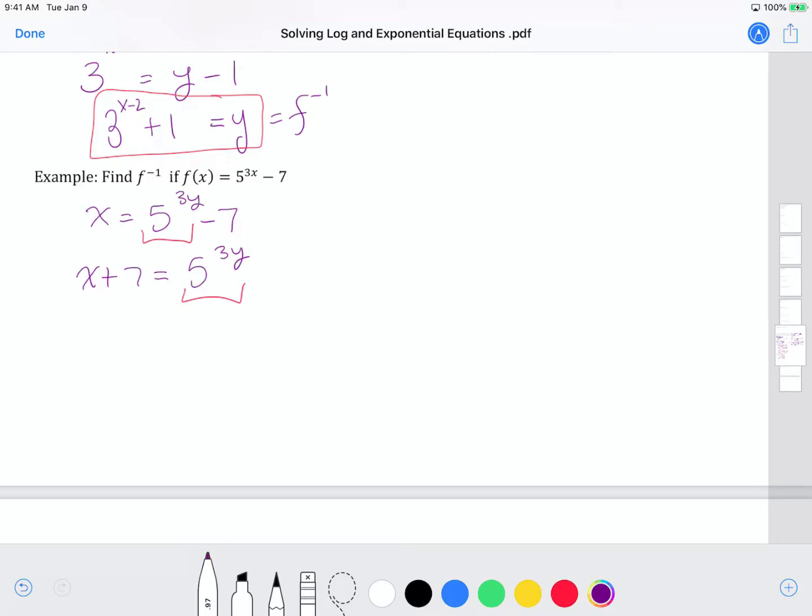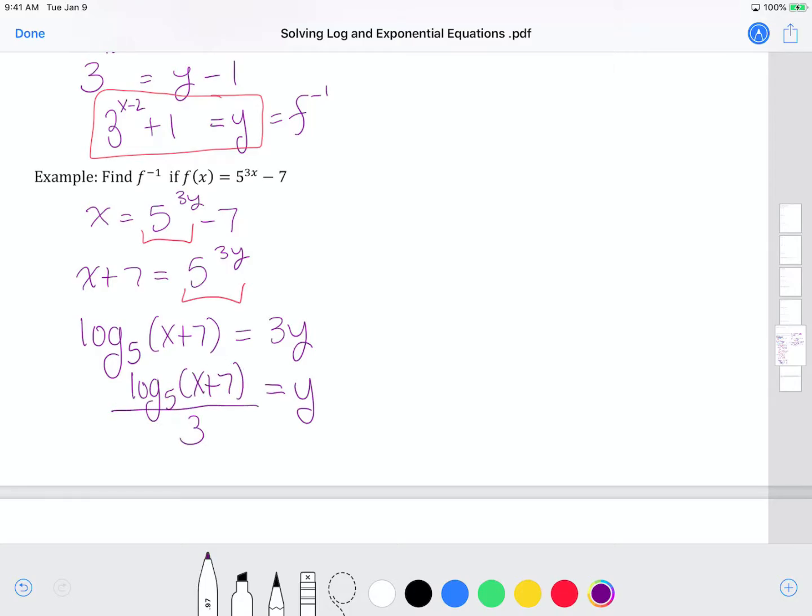So my base is 5, so I have log base 5 of x plus 7, and my exponent is 3y, so I set this equal to 3y. And then to finish solving for y, I divide both sides by 3. So I would have log base 5 of x plus 7 all divided by 3. And this would be my inverse.